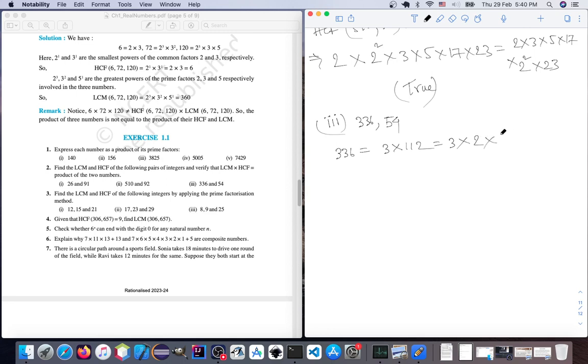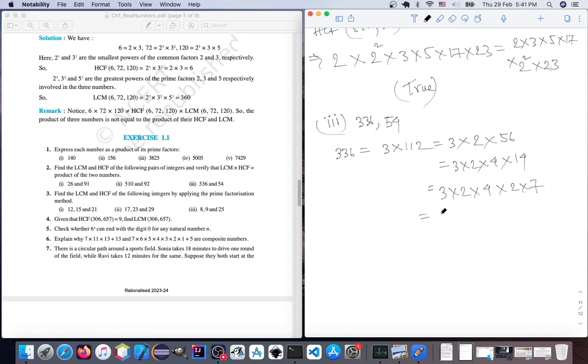So 2 into 56. We can further factorize 56 as 4 into 14. This becomes 3 into 2 into 4 into 2 into 7.